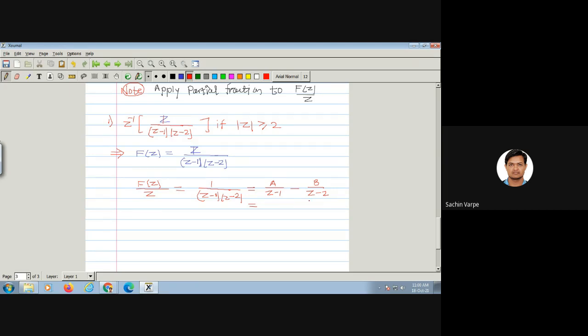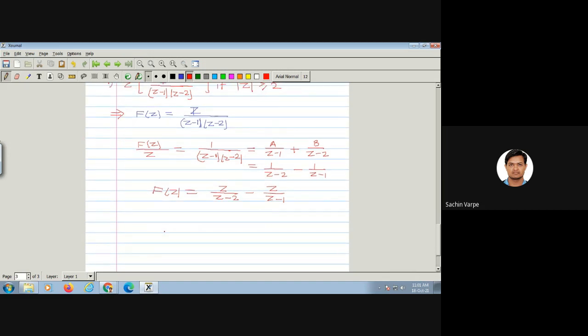I'm writing the B term first: 1 upon (z minus 2) minus 1 upon (z minus 1), as A is minus 1. Now apply the inverse Z transform on both sides. First of all, we multiply both sides by z. So we can write F(z) equals z upon (z minus 2) minus z upon (z minus 1).